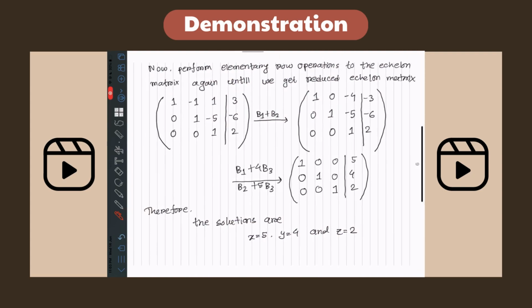After that, we are still going to continue doing ERO in order to achieve the RREF, or the reduced row echelon form, in order to solve the system of linear equations using the Gauss-Jordan elimination method.